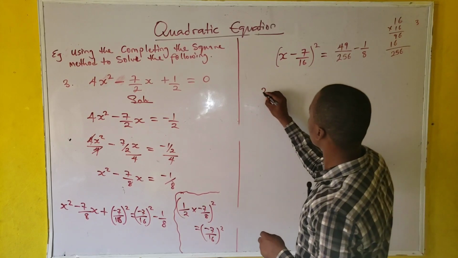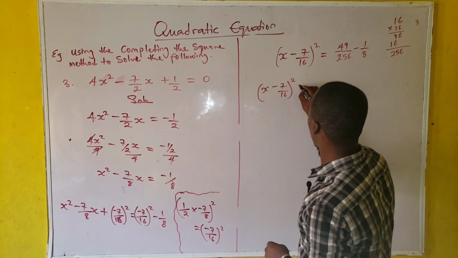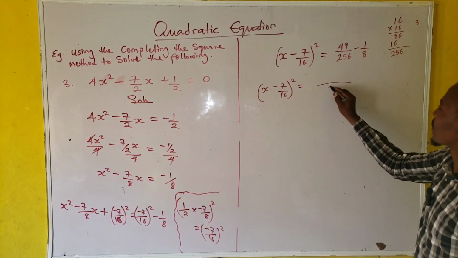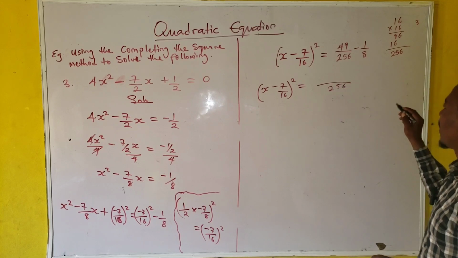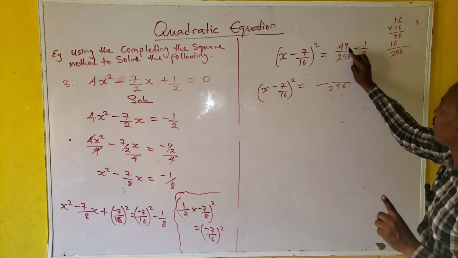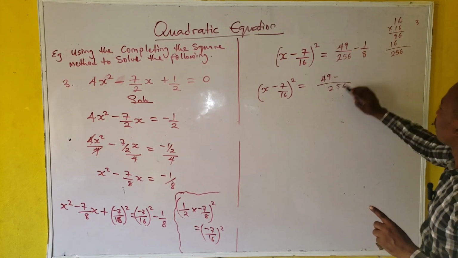So that will give us x minus 7 over 16 all squared equals, take the LCM. The LCM of these two will give us 256. So 256 divided by 256 will give us 1. 1 times 49 will give us 49 minus, we need to divide this.